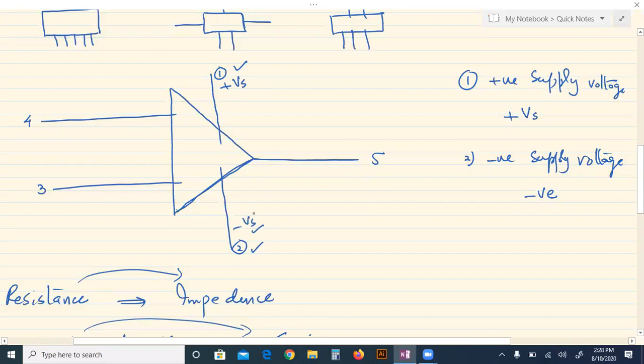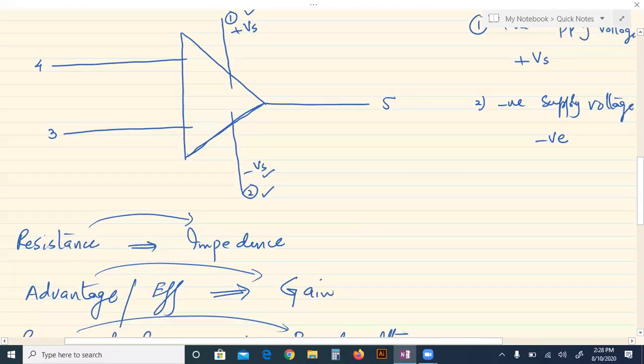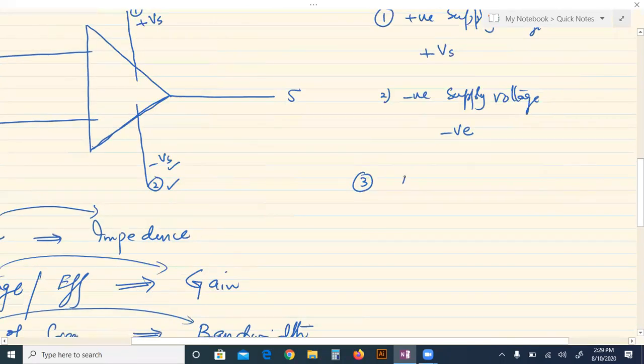Now, number 3, this one, is called the non-inverted input terminal, and it is represented by V positive.